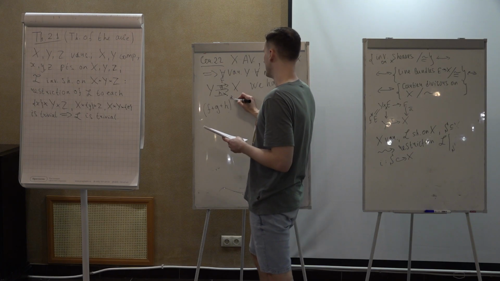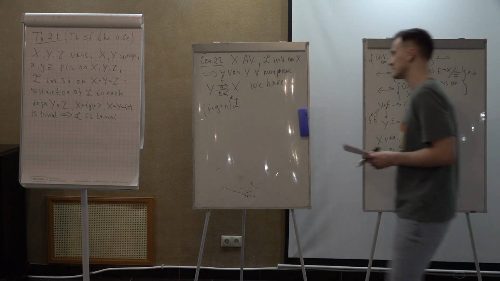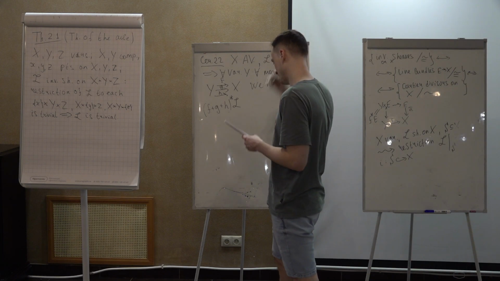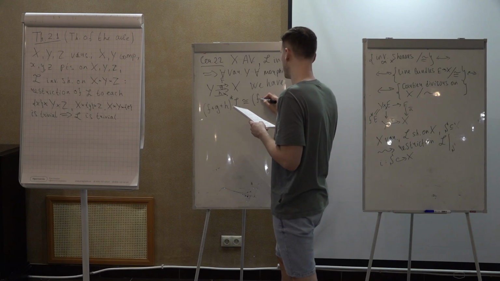Then I can take a pullback of this and apply it to L. And then I will obtain this horrible thing.